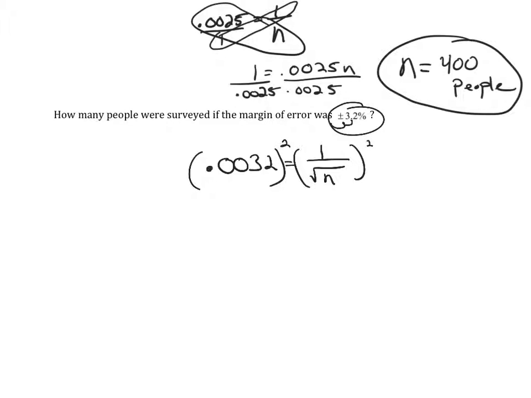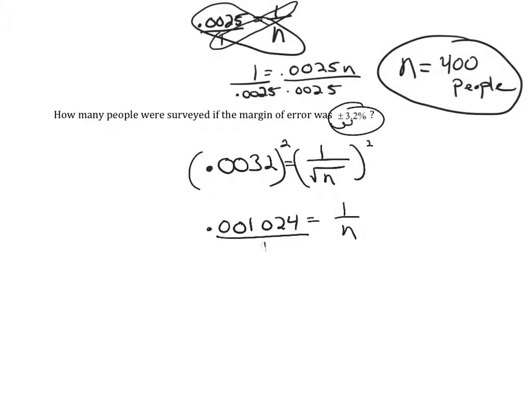I put this into my calculator, 0.032 to the second power, and that comes out to be 0.001024. We do want to write all these numbers out if we're showing longhand because it really does change the answer if we round it, okay? So we want to put all the numbers equals 1 over n.